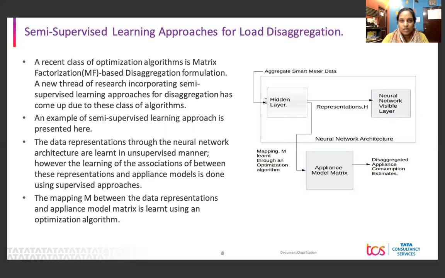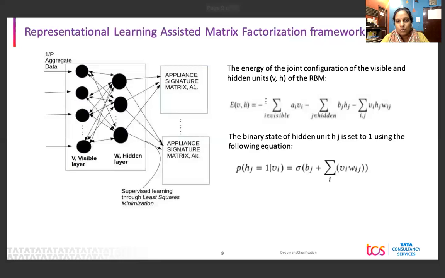And this is very important because when the appliance health degrades, then there is more energy that's spent than is required. So taking this into consideration, we propose a representational learning assisted matrix factorization framework, which consists of a generative neural network. And on one end is the input smart meter data.